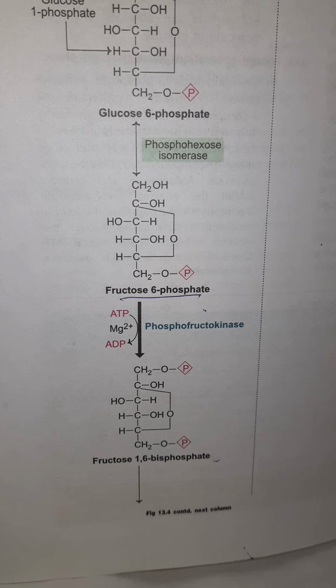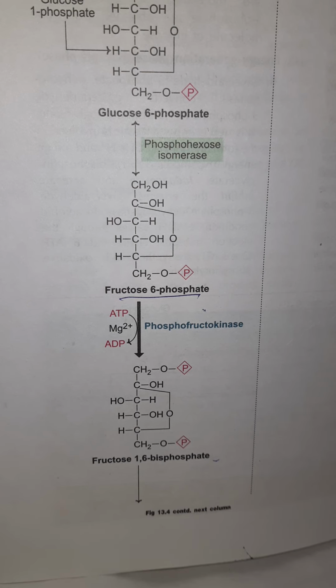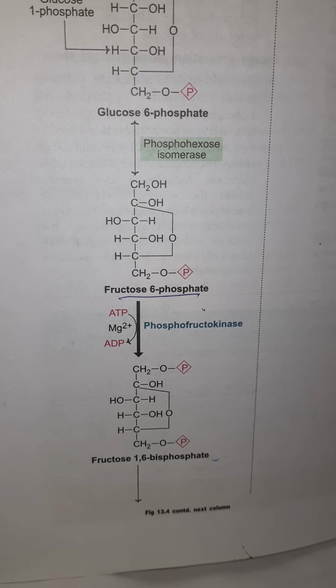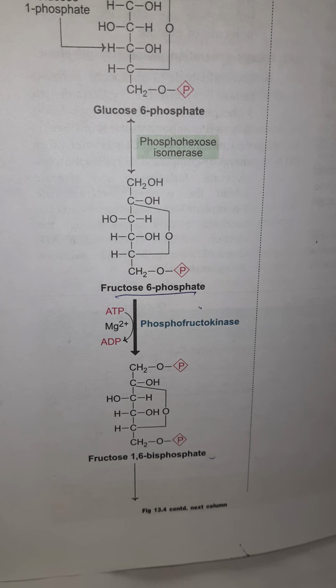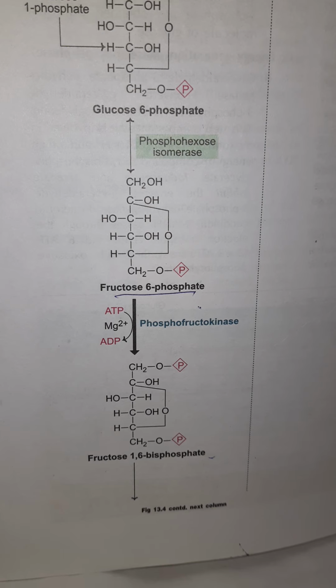Next is phosphorylation of fructose 6-phosphate to fructose 1,6-bisphosphate, in the presence of the enzyme phosphofructokinase.